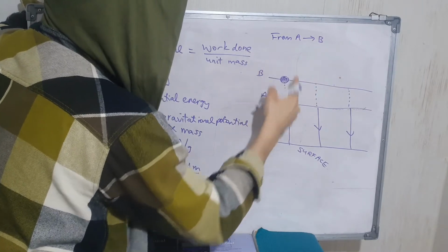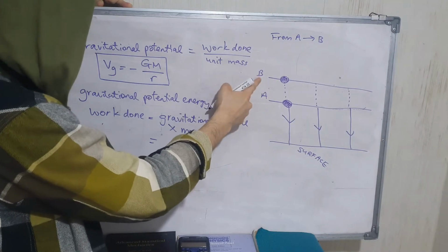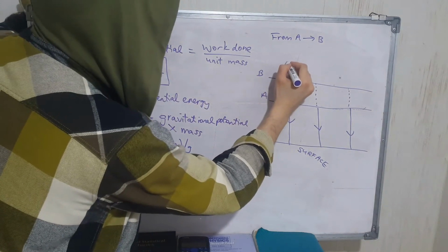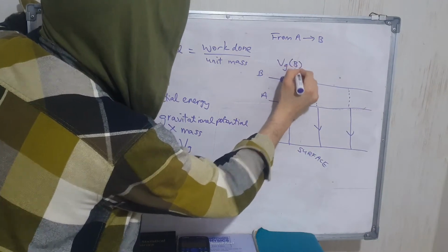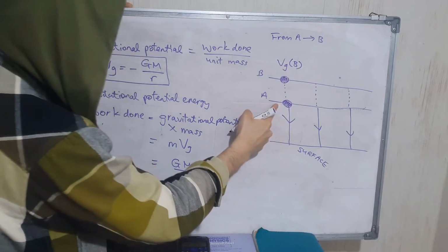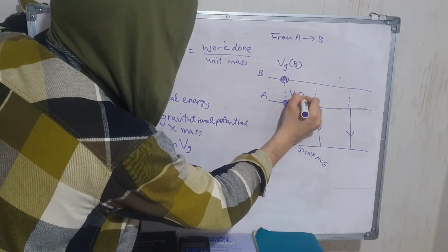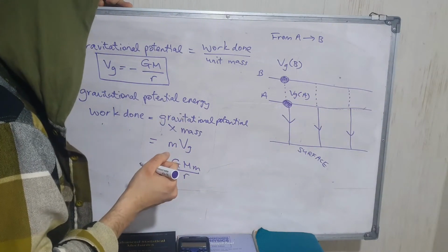Let's say this is Vg at B, and this is Vg, the gravitational potential, at A.